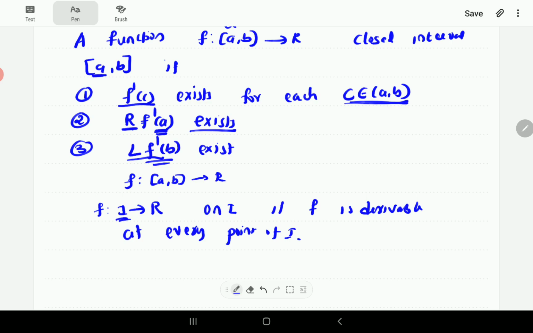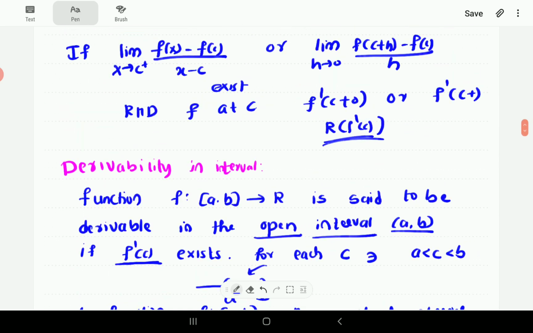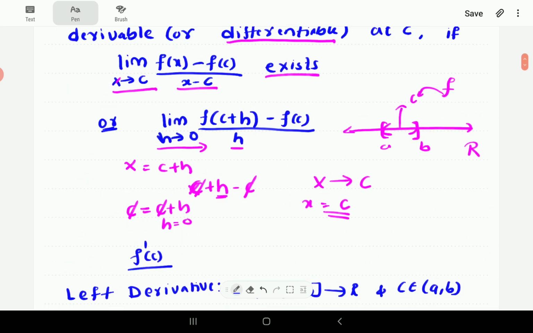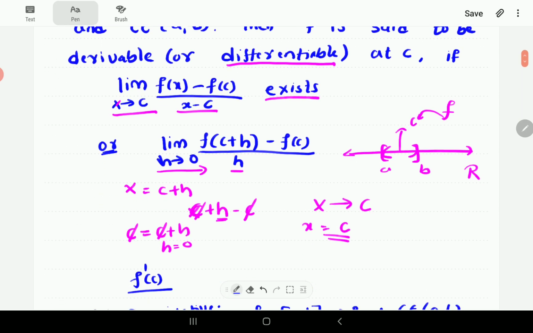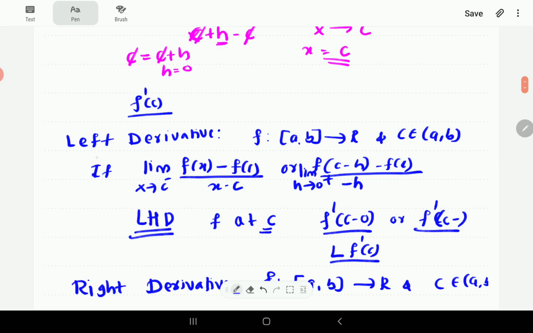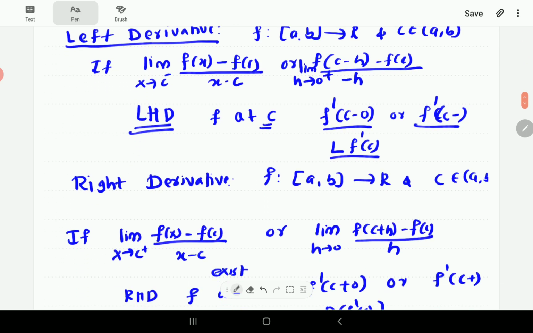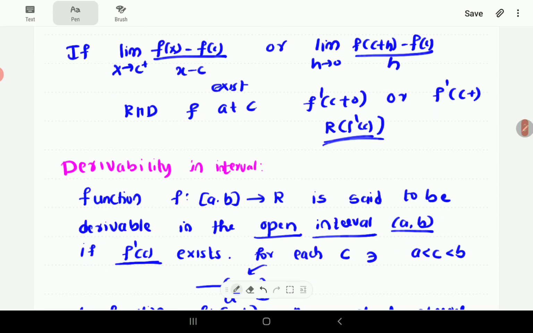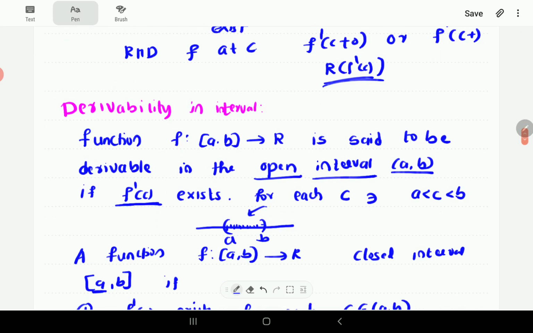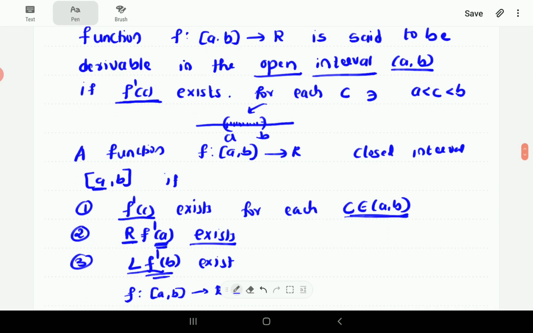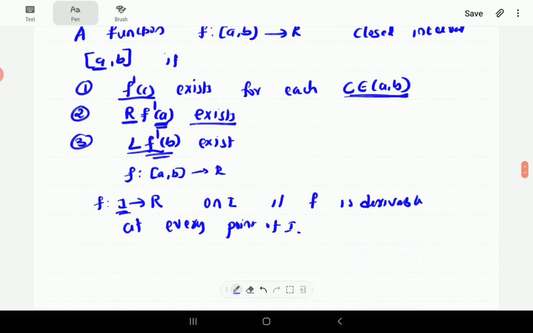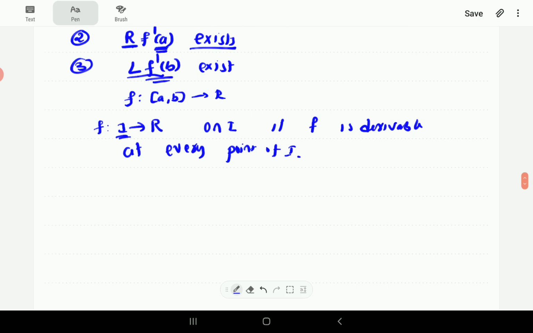So what we are basically trying to understand here is the derivative of a function at a point, when we say it is differentiable, the left hand derivative at a point, the right hand derivative at a point, and then when we say that the given function is derivable, or the derivative exists, in the open interval, in the closed interval, and in general in any interval I. These are some of the concepts we should know.